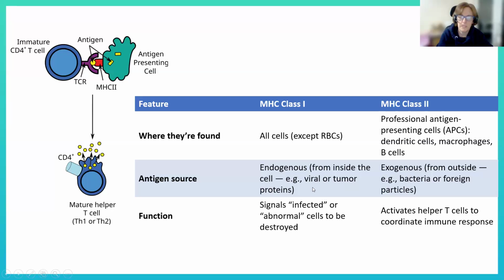One of them will find antigens from things inside the body, things that go wrong, like tumors, or infected cells, where a virus has got in. The other group has a slightly different role. They find things from outside, like bacteria or foreign particles.